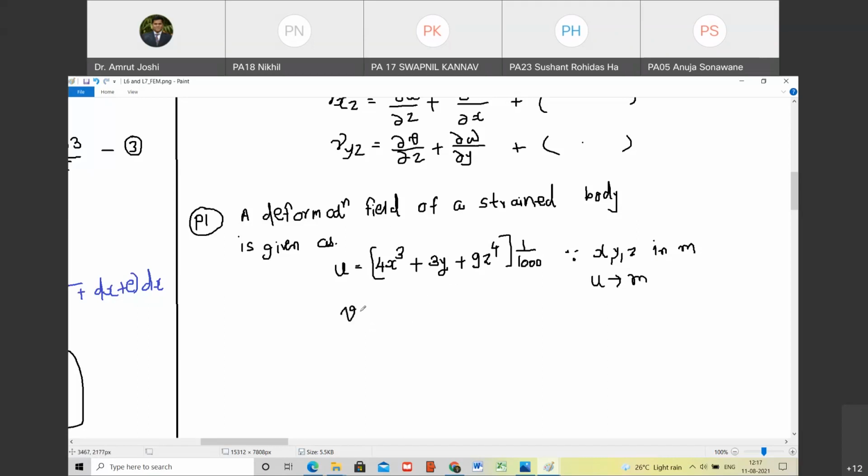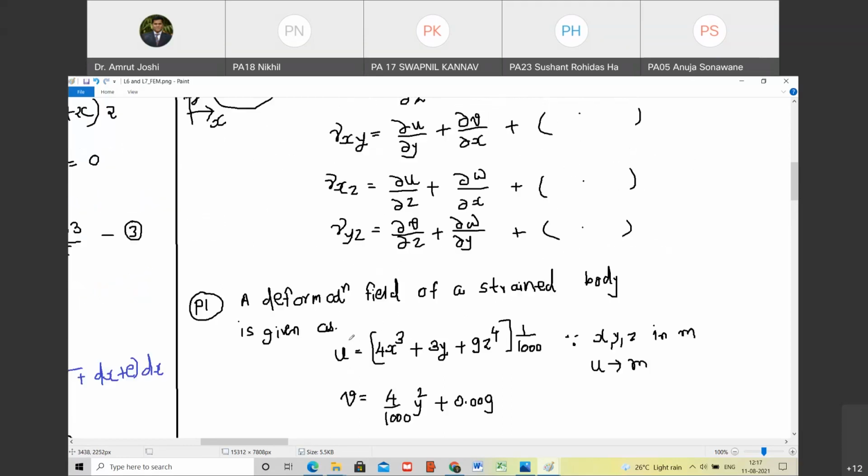V is equal to 4 by 1000 y square plus 9 by plus 0.009. Are you with me? Yes, sir. Chalo, u and v are given this way.